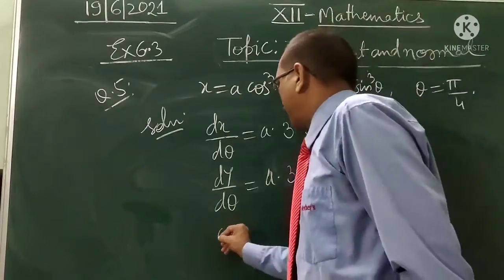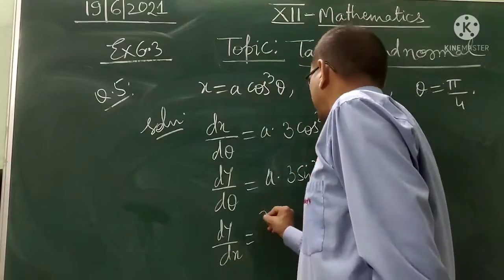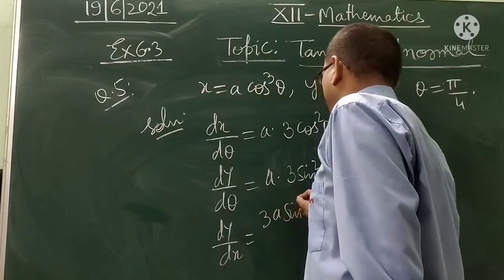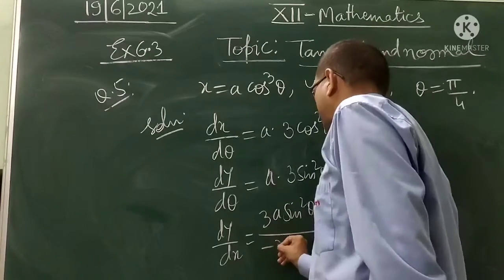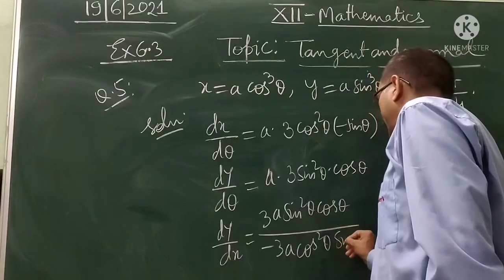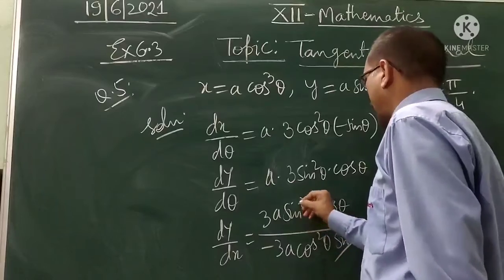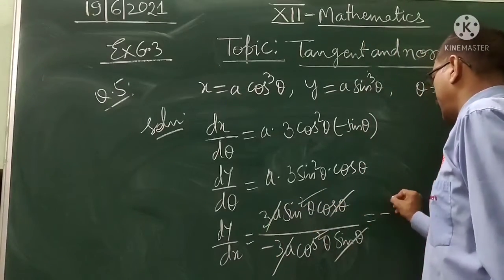Now dy over dx is 3a sin square theta into cos theta upon minus 3a cos square theta into sin theta. One sin cancels, one cos cancels, 3a cancels, it is minus tan theta.